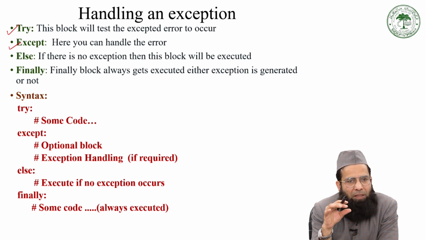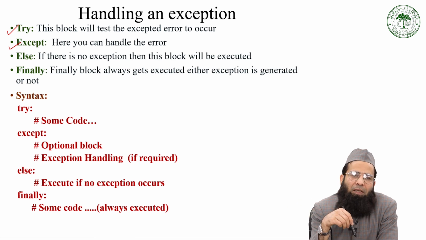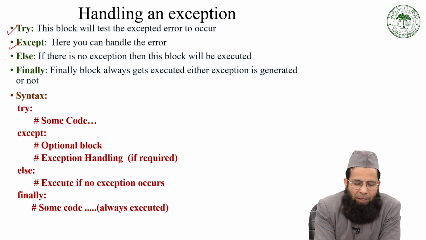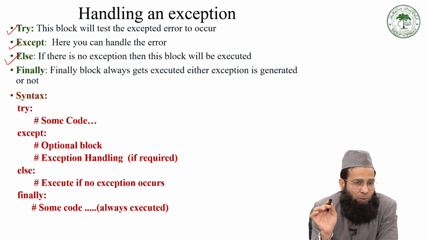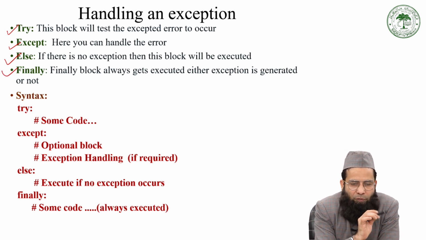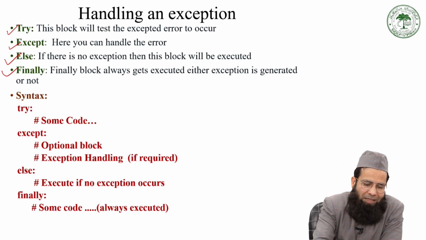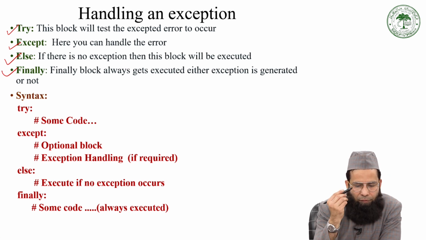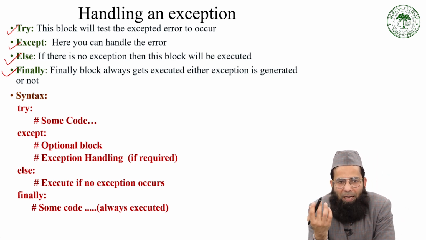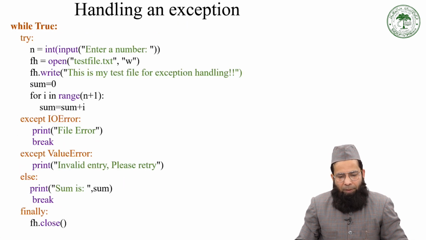Here you actually handle the error, and you would have the type of exception. What about else? If there is no exception, then the else block will be executed. And what about finally? The finally block always gets executed, whether an exception is generated or not. So there is a difference between else and finally, right? This is the syntax of how to handle exceptions: try, except, else, finally.